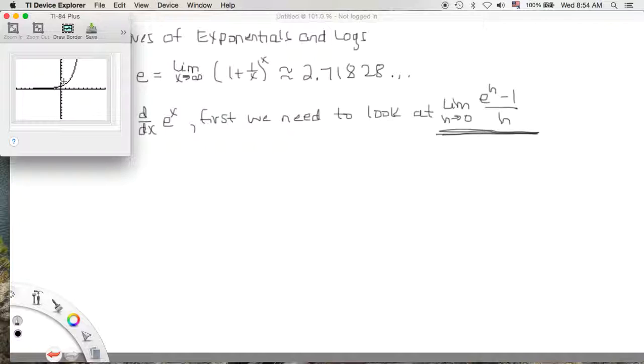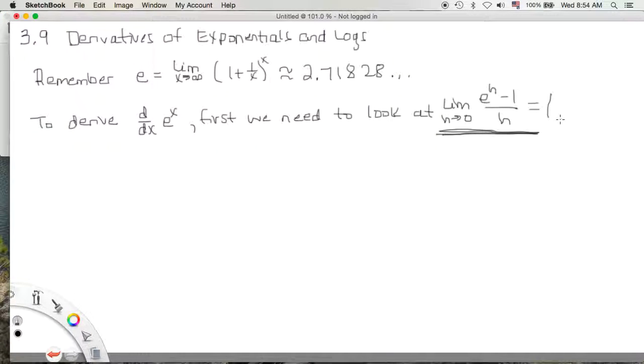So if you set up your table so that you're looking right around 0, you'll see that yes, we have a 0 there. That doesn't work. But as we get closer and closer to 0 from both sides, we're getting closer and closer to 1. And that means that our limit for this particular function is 1.